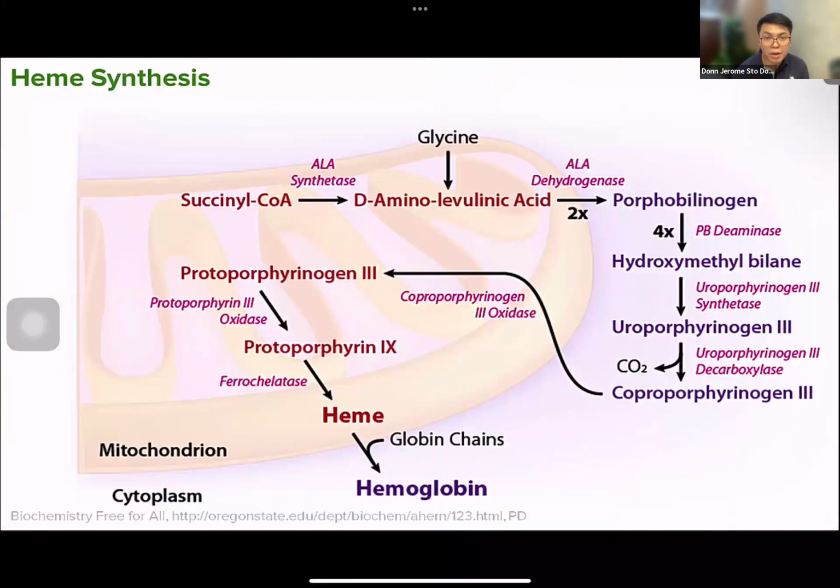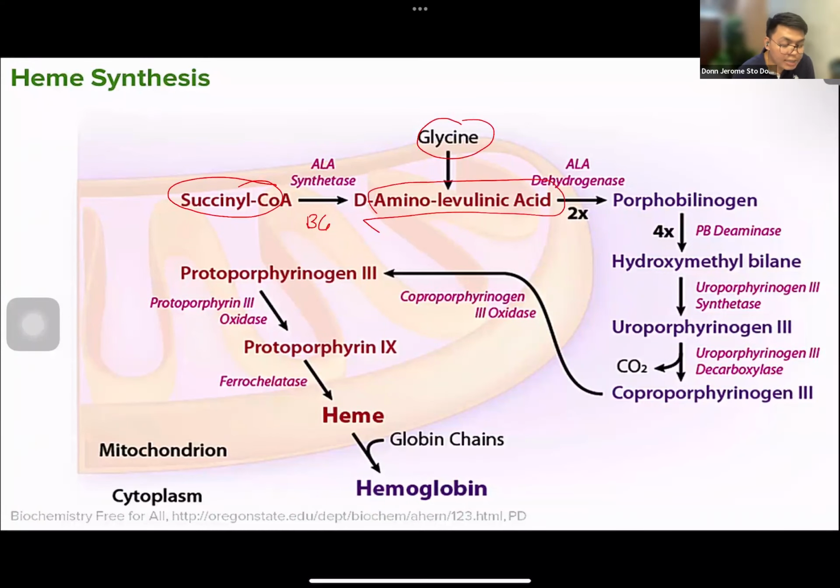So just a brief summary of everything that we have discussed. As I've mentioned, your heme synthesis occurs in two cellular compartments, mitochondria and cytoplasm. The initial pathway occurs in the mitochondria with the condensation of glycine and succinyl-CoA through your ALA synthase, the rate-limiting enzyme, requiring pyridoxal phosphate derived from vitamin B6, forming your delta-aminolevulinic acid, two molecules of which would go outside to the cytoplasm to be catalyzed by ALA dehydratase or ALA dehydrogenase to form your porphobilinogen, the first precursor pyrrole.